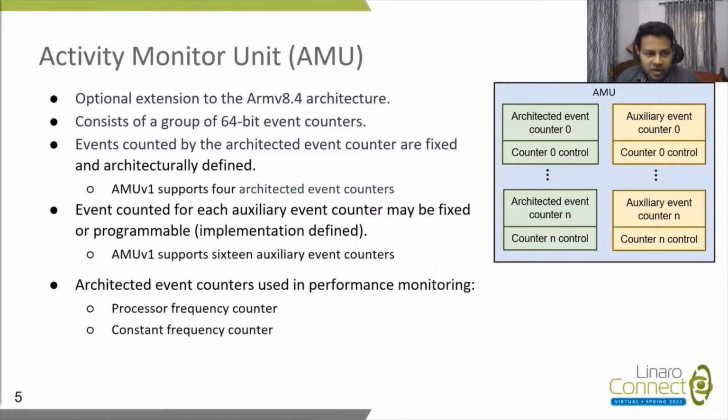It's purely implementation defined. AMUv1 has 4 architected event counters and 16 auxiliary event counters. For the performance monitoring, the architected event counters used are the core frequency counter and the constant frequency counter.